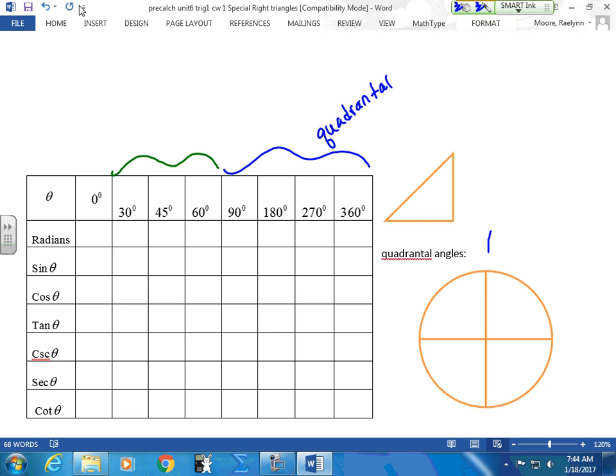Because in your circle, and this is going to be our unit circle, where the radius is 1, it's going to come out 1, 0. It's going to go up 0, 1. It's going to go out negative 1, 0. It's going to go down 0, negative 1. We should be able to make this whole chart right off of our special right triangles and our quadrant angles.